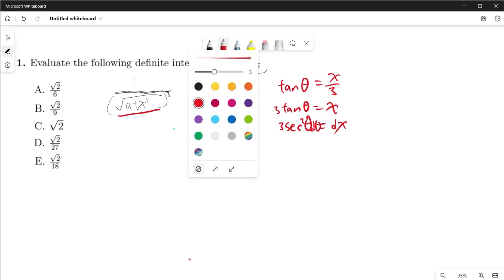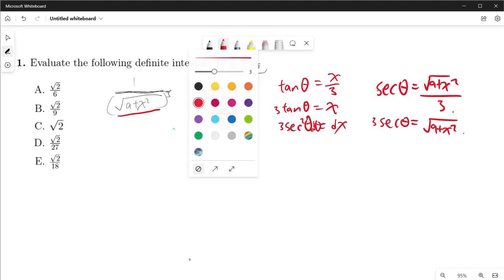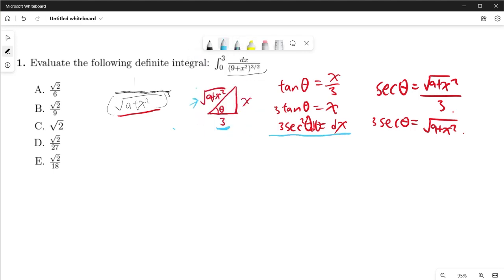In that case, secant would just be hypotenuse over adjacent. So secant theta is the hypotenuse, square root of 9 plus x squared, over 3. So the square root part, if I multiply the 3 over, is 3 secant theta. So now I can plug stuff in using this for dx and this for the square root.